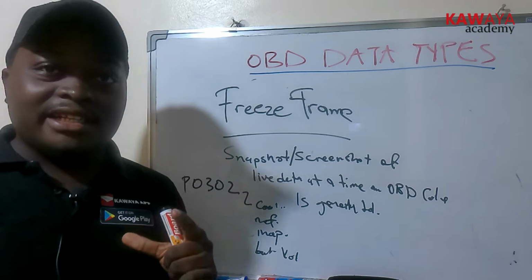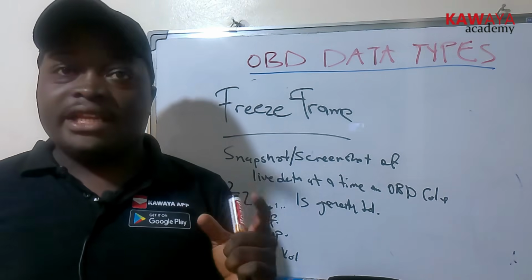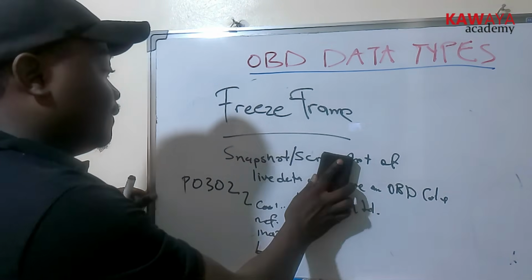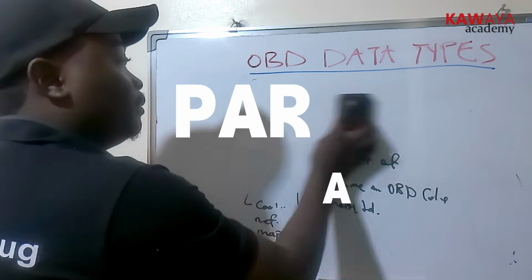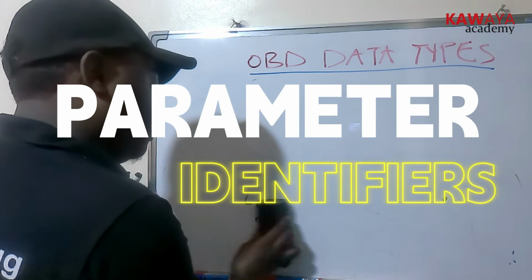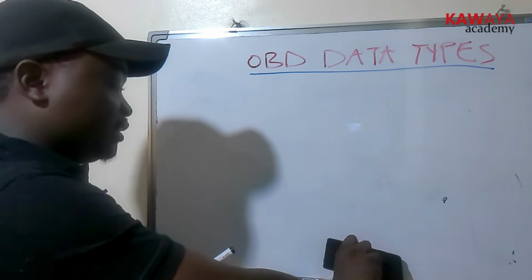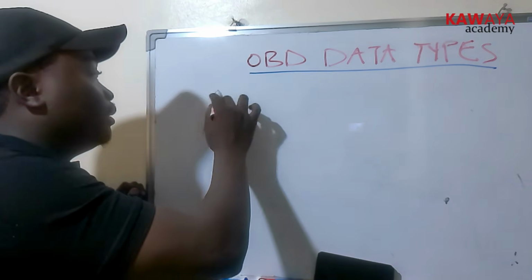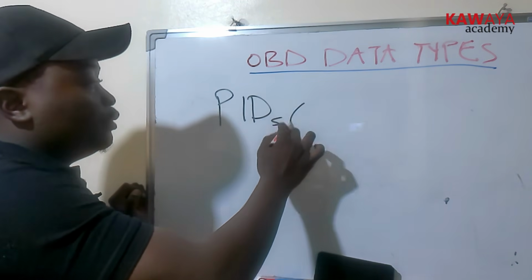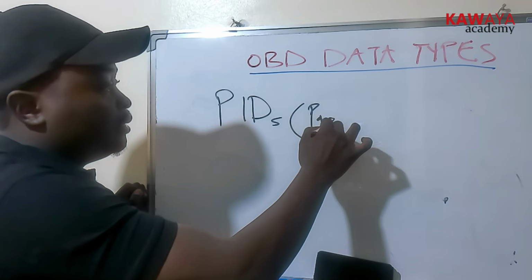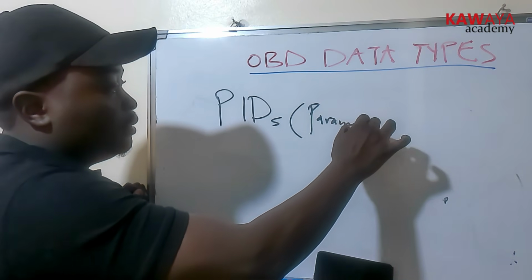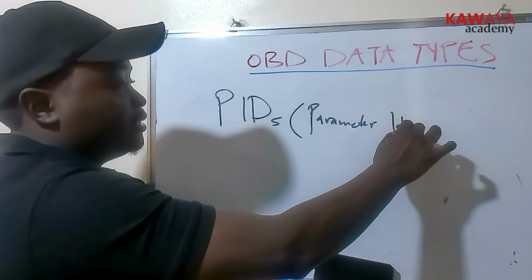Okay, another data type I want us to look at is PIDs. PIDs, we can call them parameter identifiers.